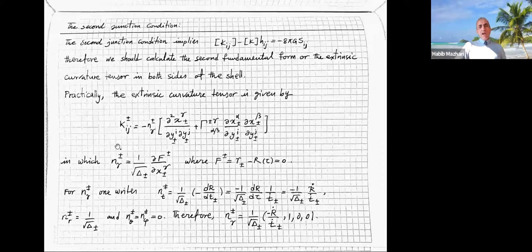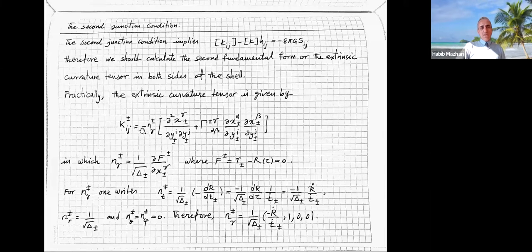Okay, now we have to apply the second junction condition, but we need Kij. I gave you a few formulas before, but the practical one is the one you see here. It is found from the opening of those equations.